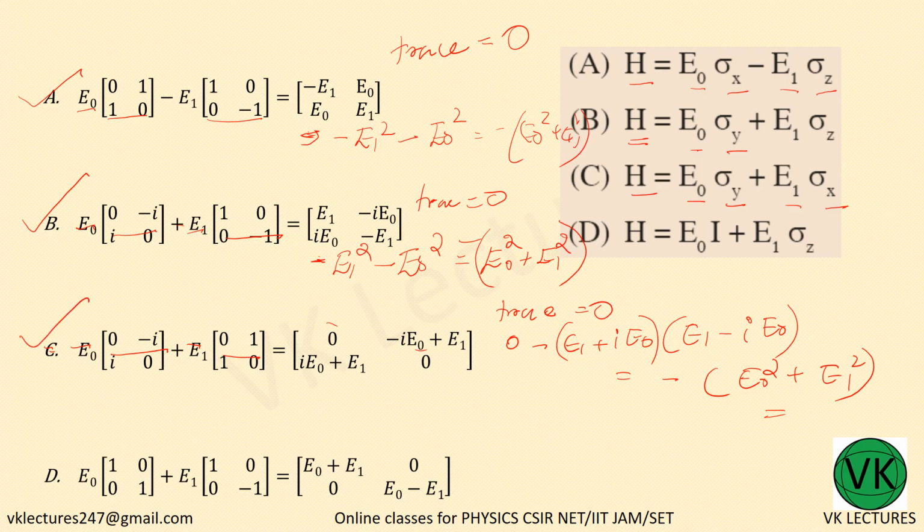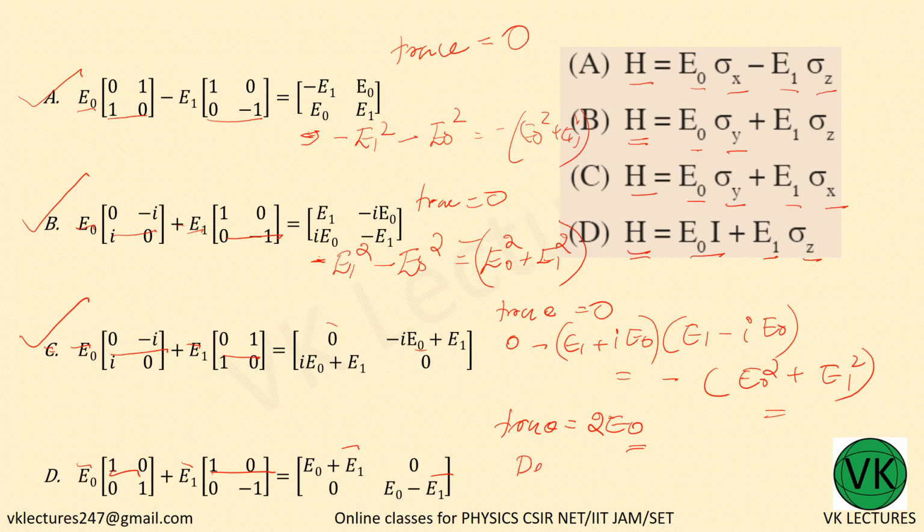Now check option D, which is H equal to E naught times I, the identity matrix, plus E1 times sigma z. This is what you are going to get. Here the trace is E1 and minus E1 get cancelled and E naught remains, 2 times E naught.